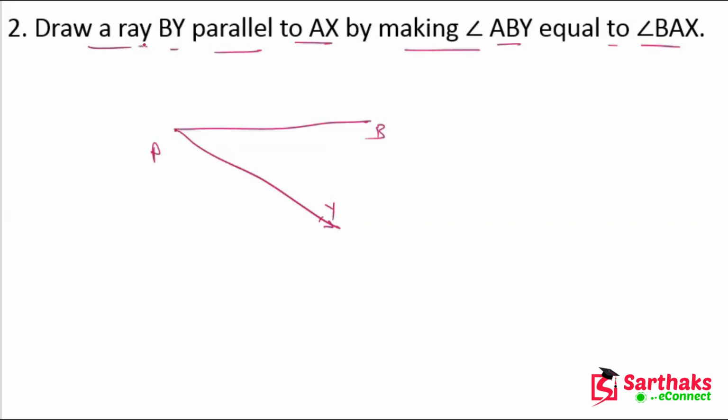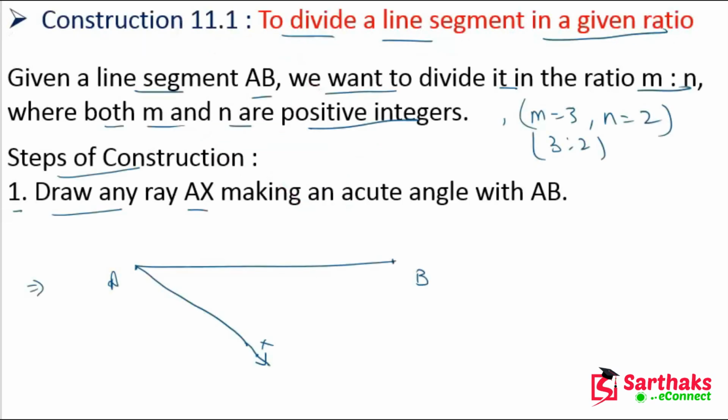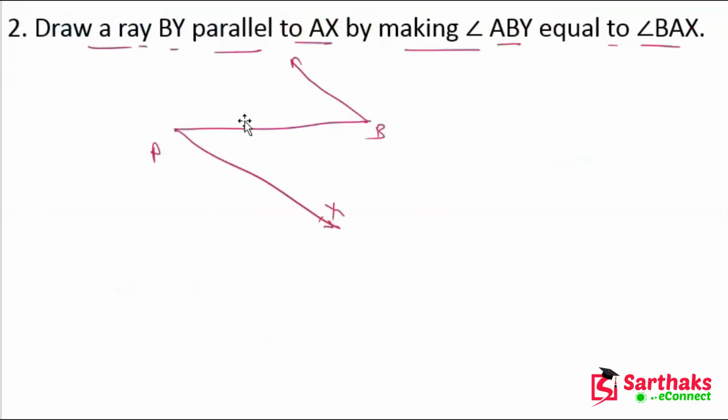We have to draw ray BY like this. This is AX, and we have to draw ray BY, which is parallel to AX. Now how do we draw these parallel lines without measurement and with the help of compass?